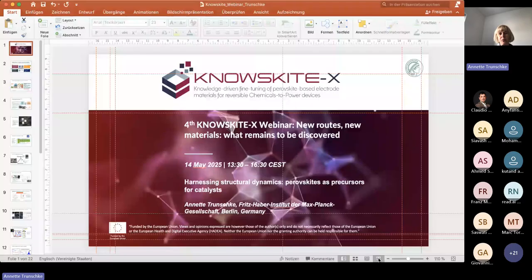We wanted to investigate these materials in selective oxidation of alkanes, specifically propane. And we asked ourselves how we can make these normally unselective materials selective in this reaction. Normally, these perovskites combust the propane totally to CO2. And we want to stop, for example, at propylene.